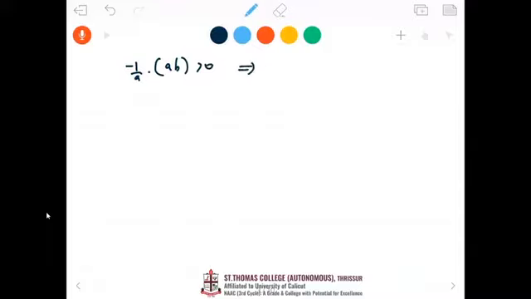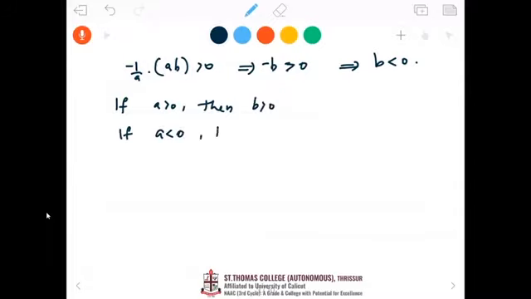And this implies minus B greater than 0. If minus B greater than 0, then B is less than 0. So if A greater than 0, then B is also greater than 0. If A less than 0, then B is also less than 0. Hence the theorem.